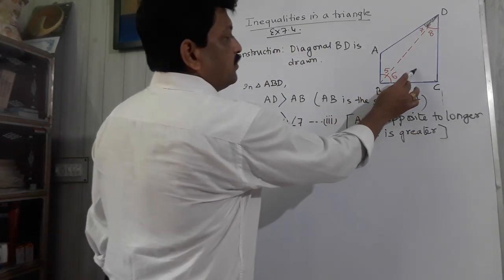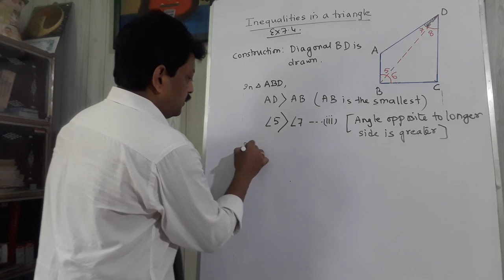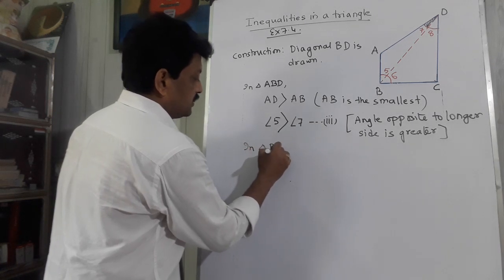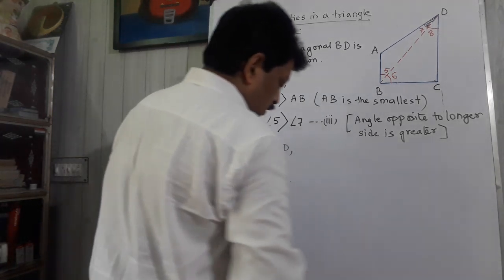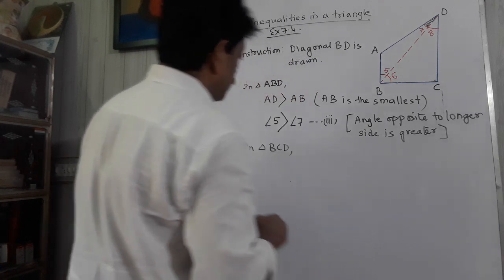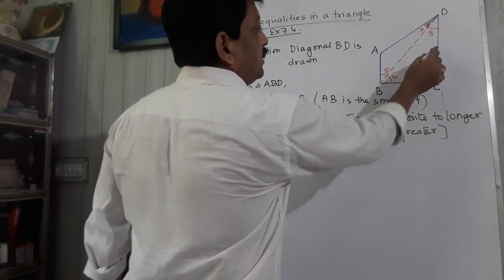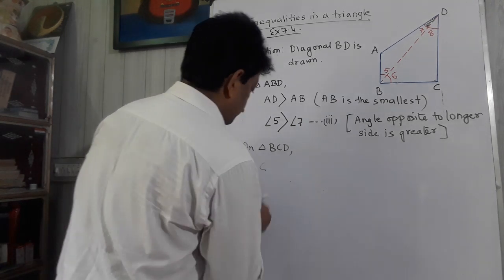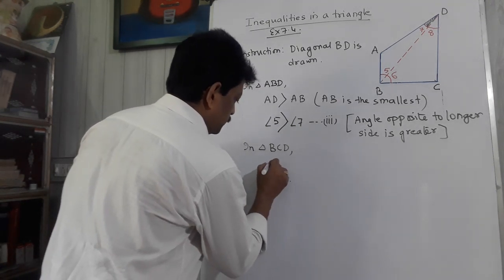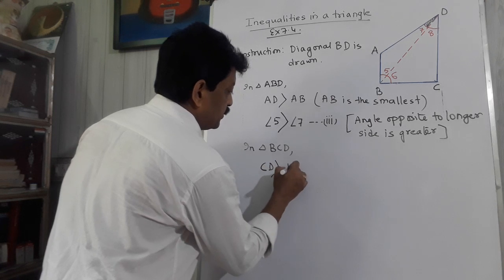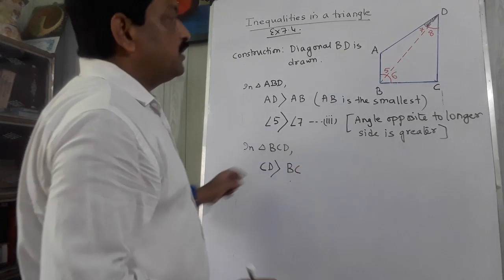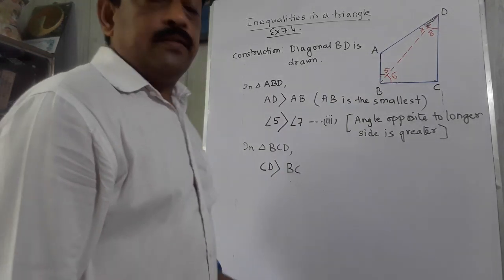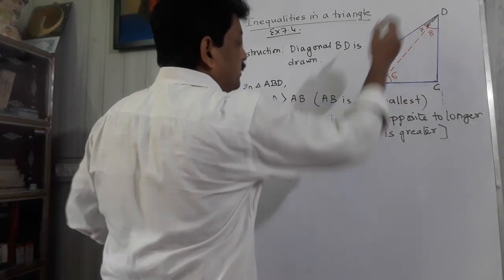Now let us take this triangle BCD. In triangle BCD, what are we getting? It is CD greater than BC, because it is given that CD is the longest side. So CD is longer than any other three sides.